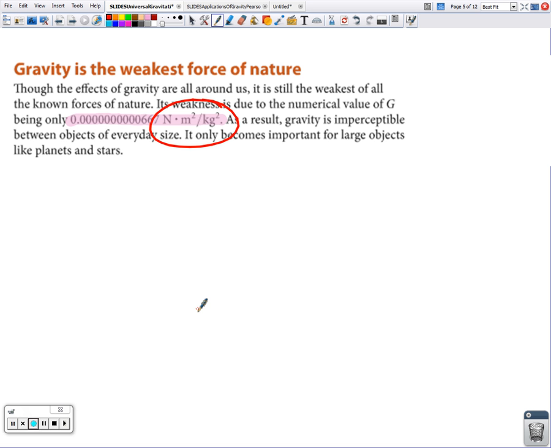It's a big crazy unit with lots of parts, but in the end they all have to cancel and leave us with newtons because we're calculating a force. As long as your distances are in meters and your masses are in kilograms, that will happen. Good there.